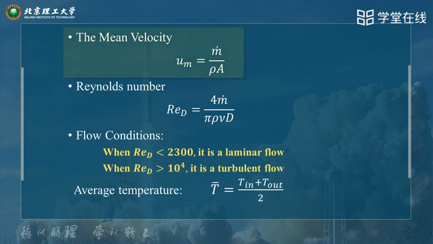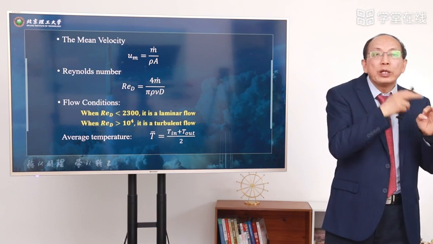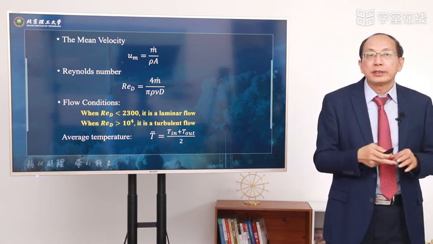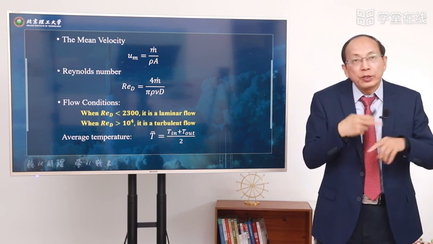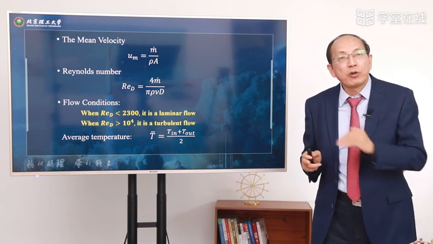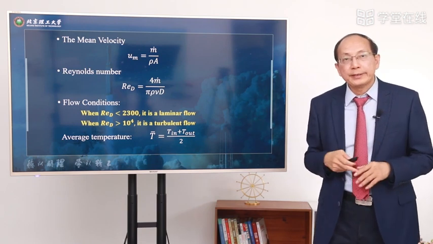Okay, mean velocity we use for the tube. If the tube is not so big, we can use the mean velocity to calculate. Because on the last page, for the Reynolds number, in most cases we use the flow rate to calculate. But for the tube flow, internal flow, sometimes the mass flow rate is given.